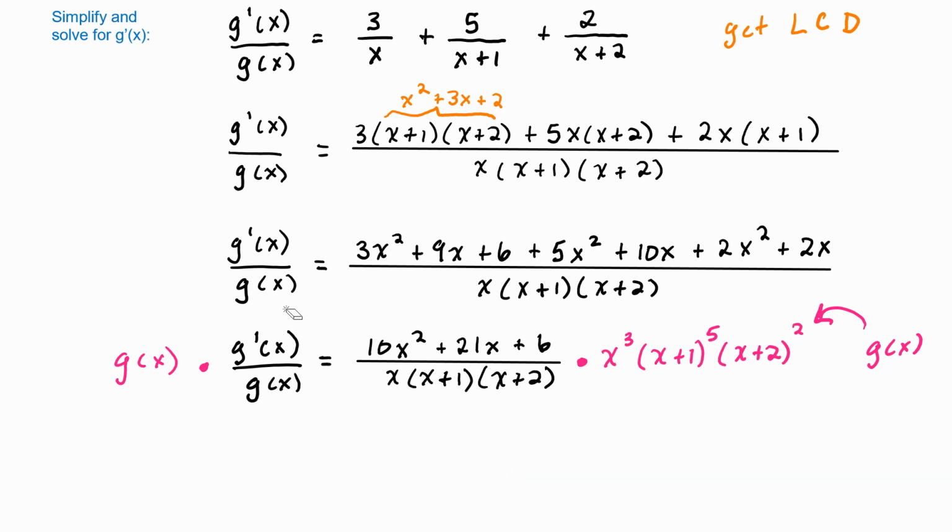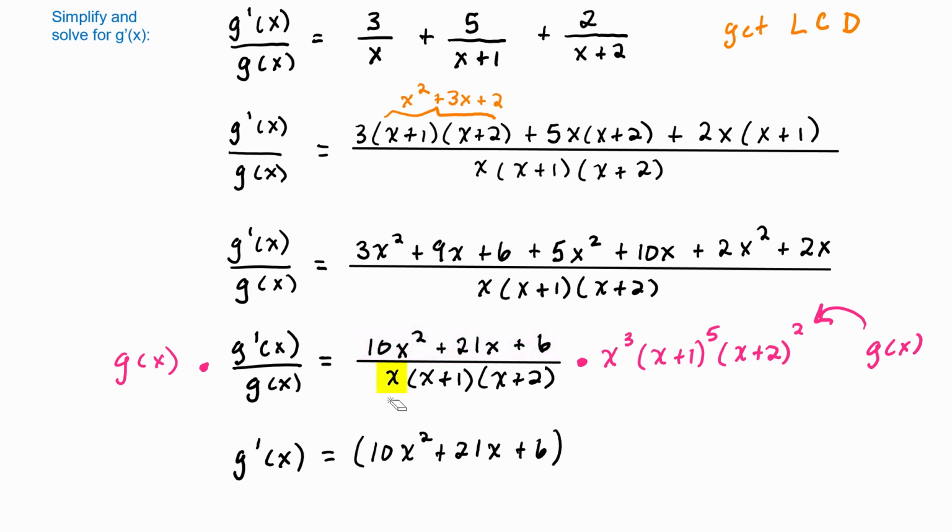Now this left-hand side simplifies to become g prime of x. And on the right-hand side, you can see we have a lot of canceling that's going to happen. But first, let's write this polynomial here. We have 10x squared plus 21x plus 6.